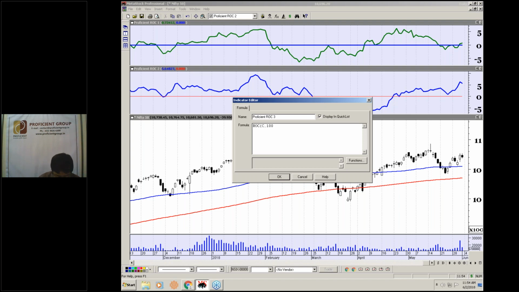I'm using 100 days as the time period for the longer term ROC, and I'm also using percentage terms along with the zero line.